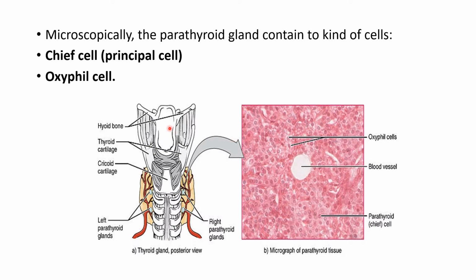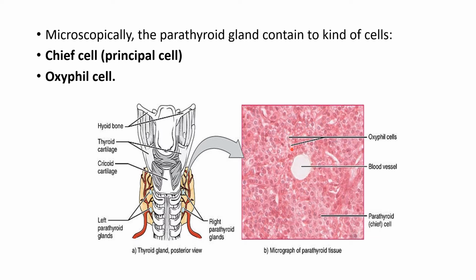Now we see the microscopic structure of the parathyroid gland. Inside the microscope, how will it look? You can see some oxyphil cells and some parathyroid cells, also known as chief cells.